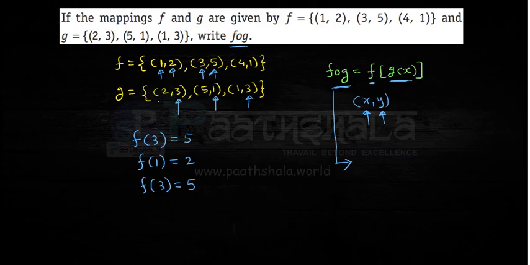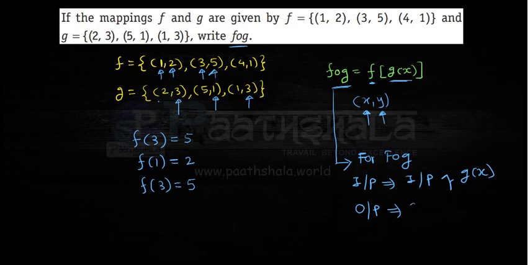So for FOG, the input is the input of g of x, and the output is the output of f of x, or we can say the output of f of g of x.